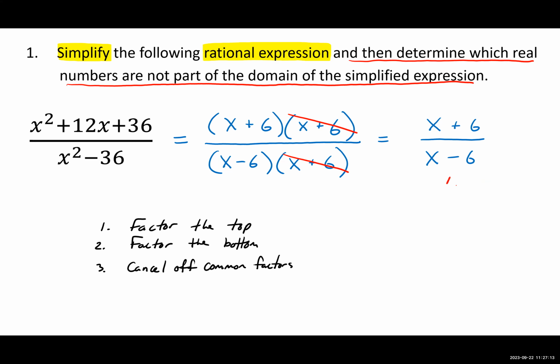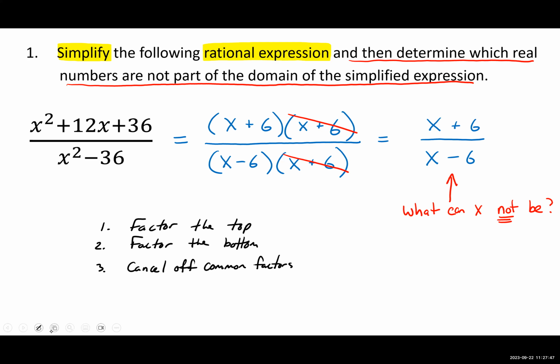Right, so now the question is, what could x not be? Remember, x is a variable. In algebra, a variable is a temporary placeholder for a number. So we're going to substitute numbers in for our variables.